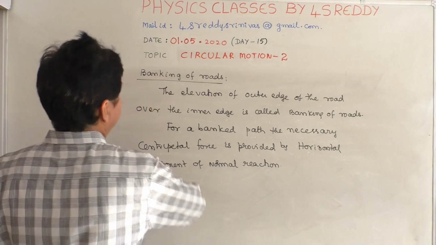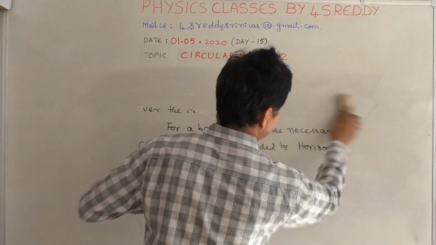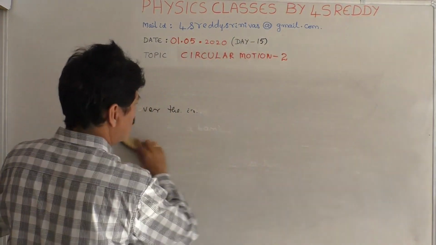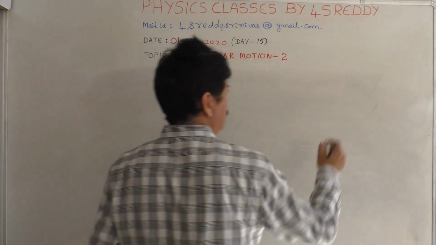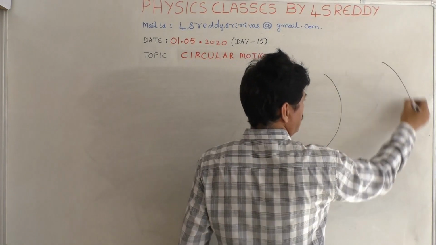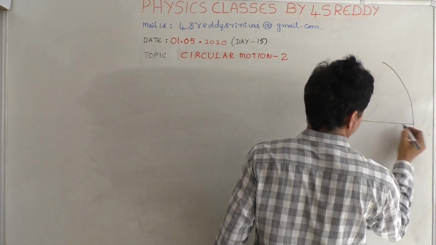And here, if you consider this, suppose this is the unbanked path.